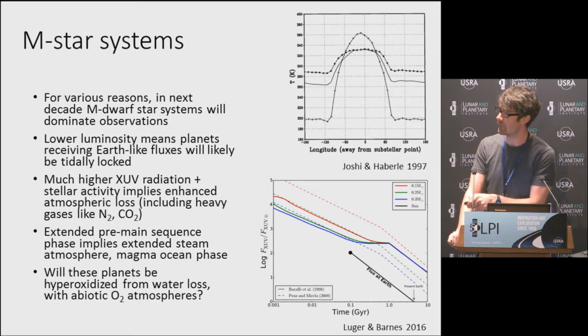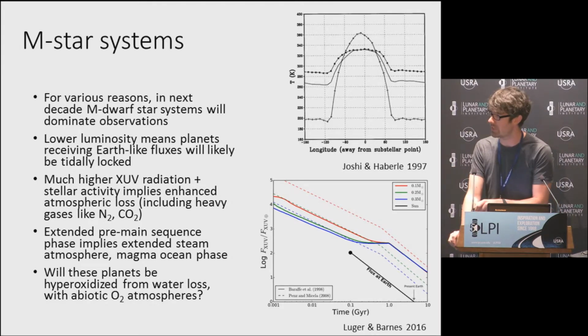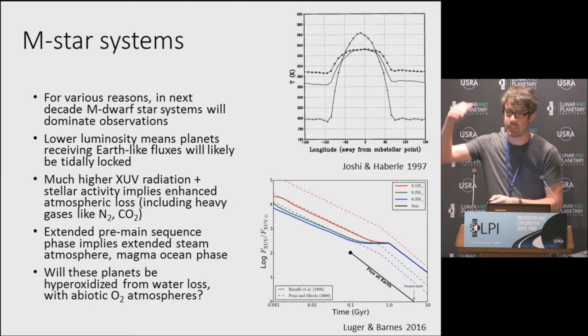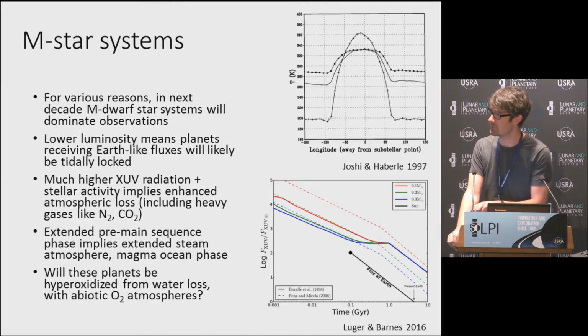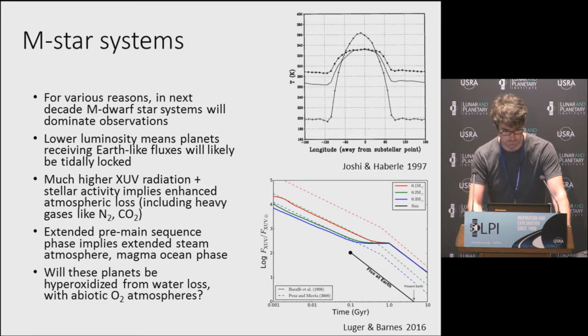In particular, planets that later receive Earth-like fluxes will have an early extended steam atmosphere phase where they have magma oceans, and they should be losing significant amounts of hydrogen to space. So a very important question is whether these planets are going to be hyperoxidized from water loss with abiotic O2 atmospheres, or whether something else might happen.